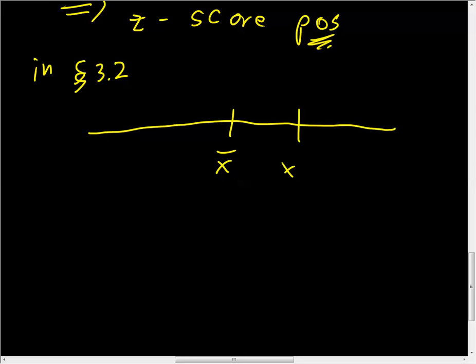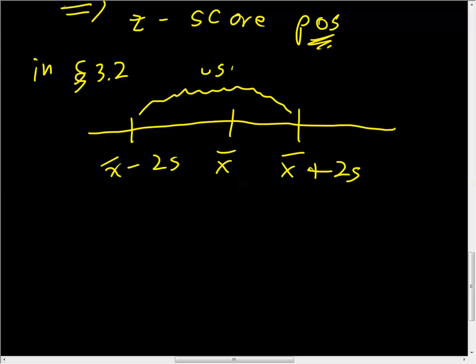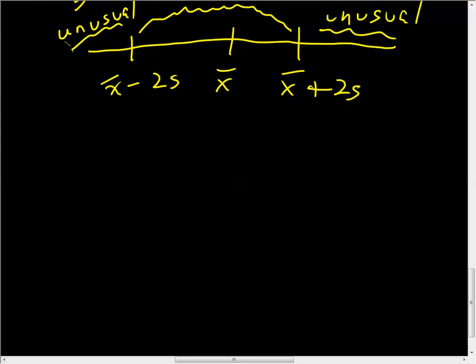If you have a data value that is within 2 standard deviations of the mean, in other words falls between x bar minus 2s and x bar plus 2s, we call those values usual, and anything beyond that, high or low, we somewhat arbitrarily label as unusual. You may recall we talked about that last time and had a couple of homework problems that discussed that idea.